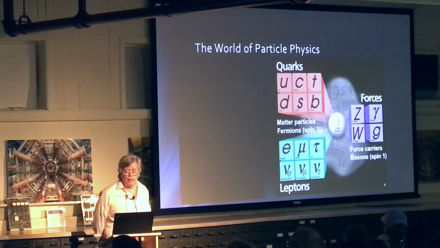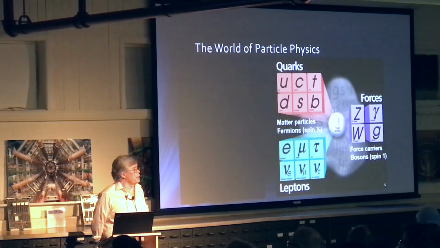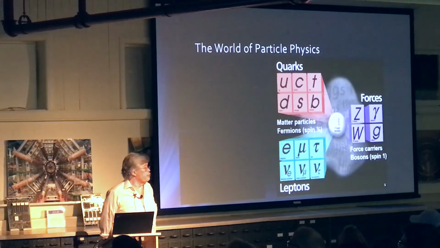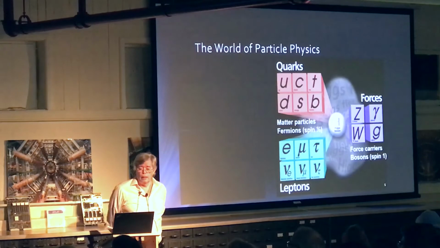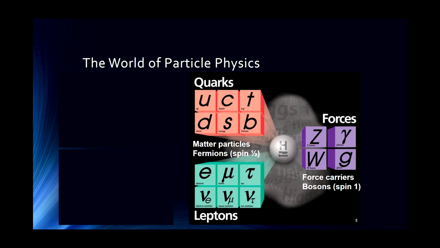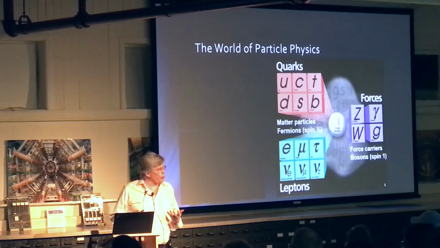The other one, on the upper right, the Greek gamma, is a photon, just a particle of light. And beneath that you see G, which stands for gluon, the glue, the particles that hold together the quarks inside that proton. So those force particles, we think of them as particles that are exchanged to give rise to the force.